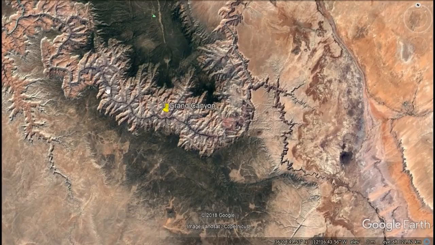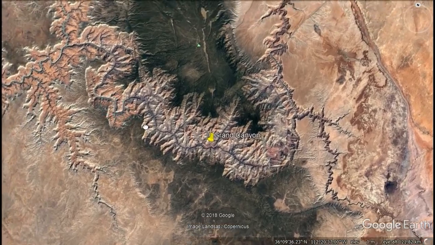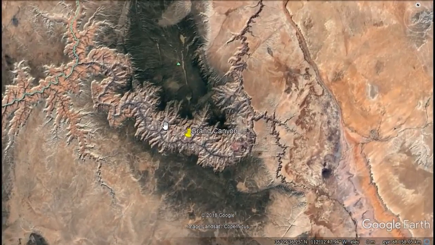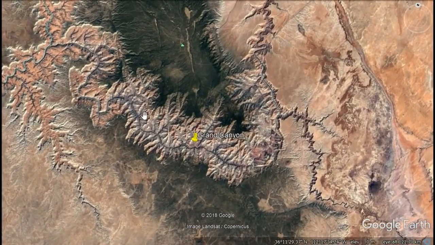But this idea of electrical scarring that causes some of the surface features we see on the Earth is very similar to the patterns you see during electrical discharge events, and it can create these valleys in river systems.